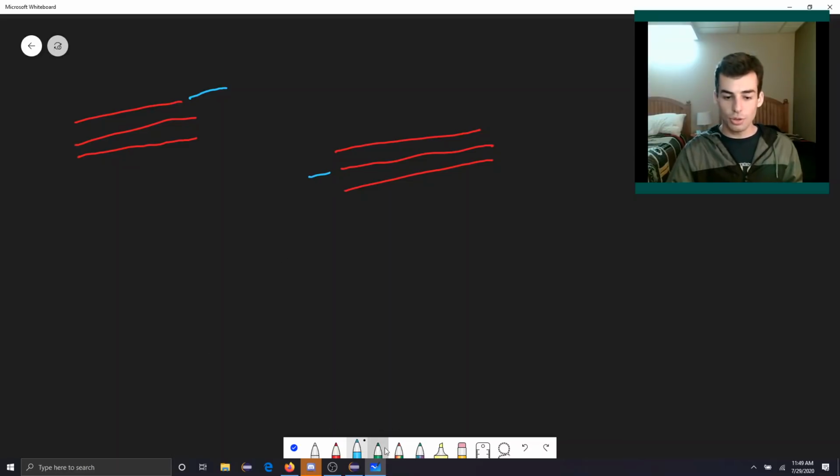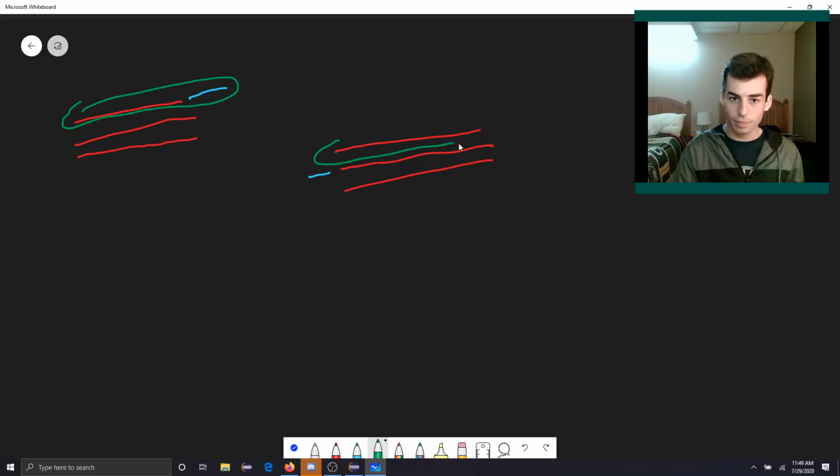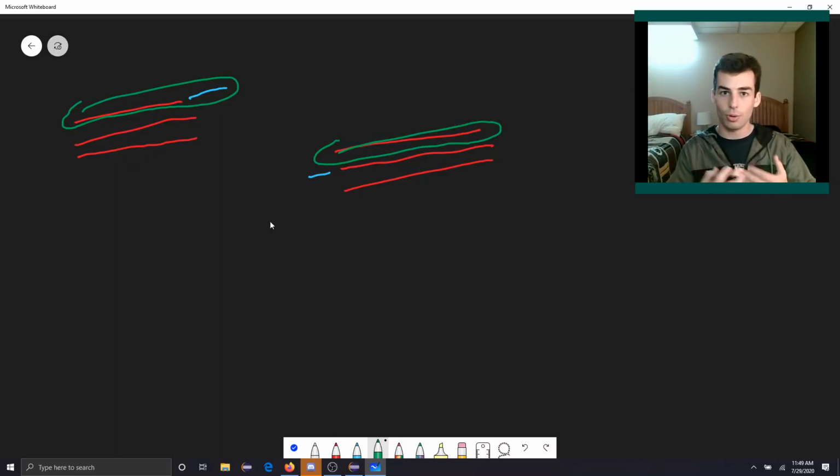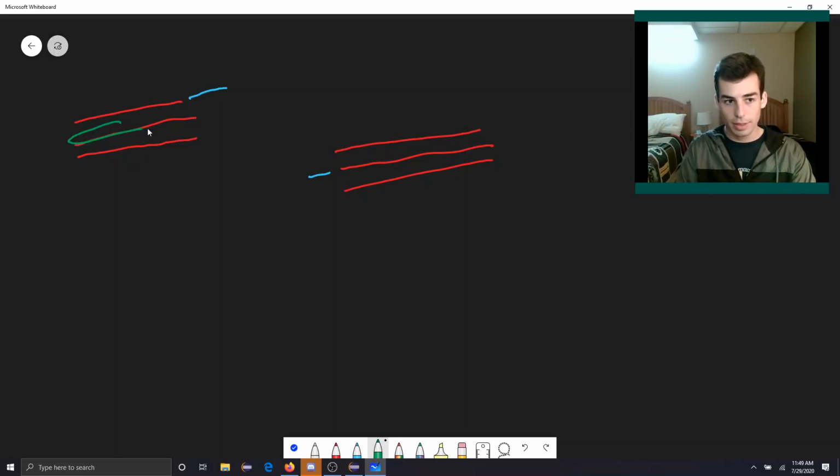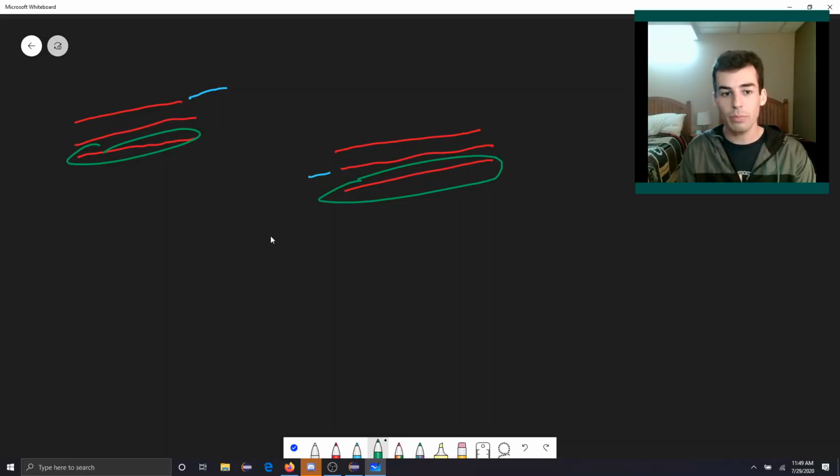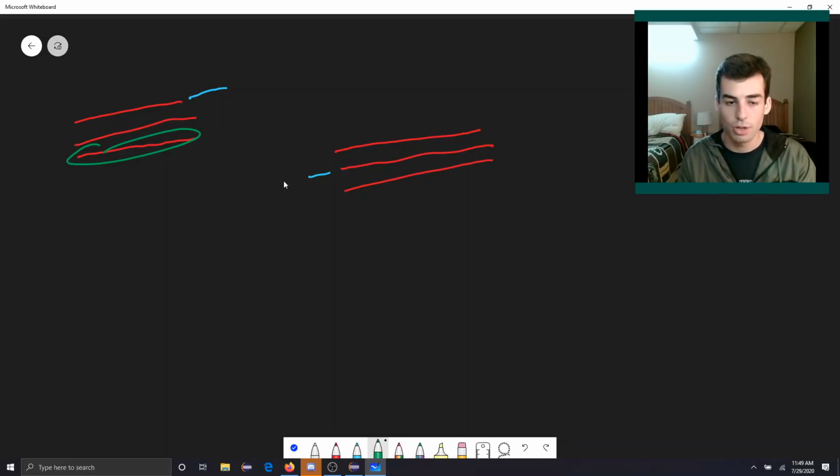Then you look at this segment here and this segment here. You take their intersection length, and you add that to your total. Now you do the same thing: you add this length with this length to your total, and then this length with this length to your total. Right now, none of them intersect, so the answer would be 0 for the moment.